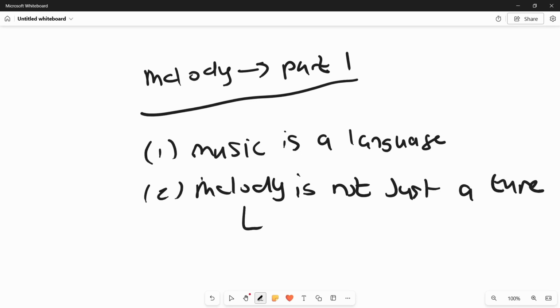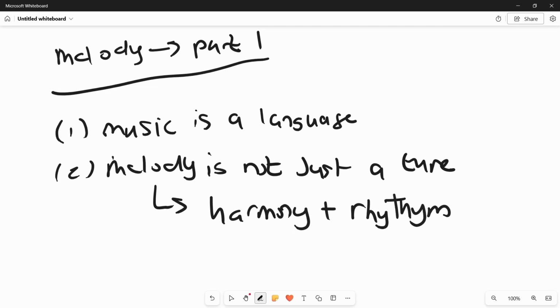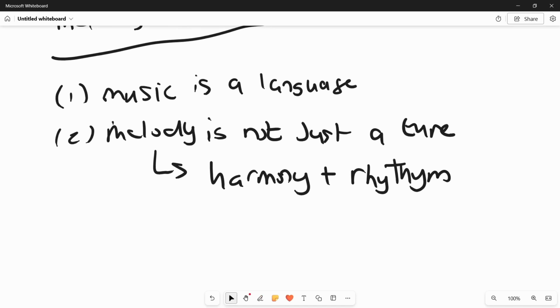Melody is described by having two parts, harmony plus rhythm. And in harmony, we talked about chords as well as intervals.